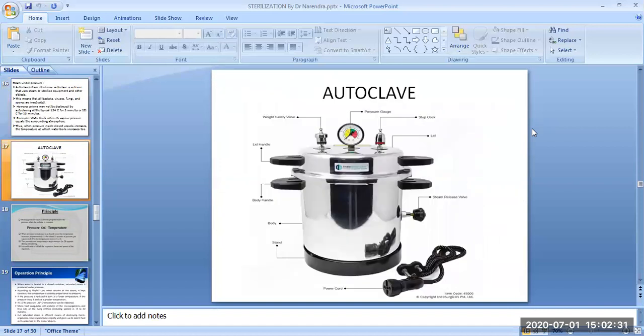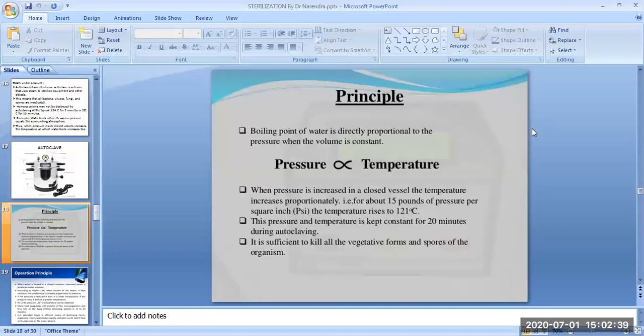Autoclave. In this picture, as you can see, the autoclave. Principle: the boiling point of water is directly proportional to the pressure when the volume is constant.